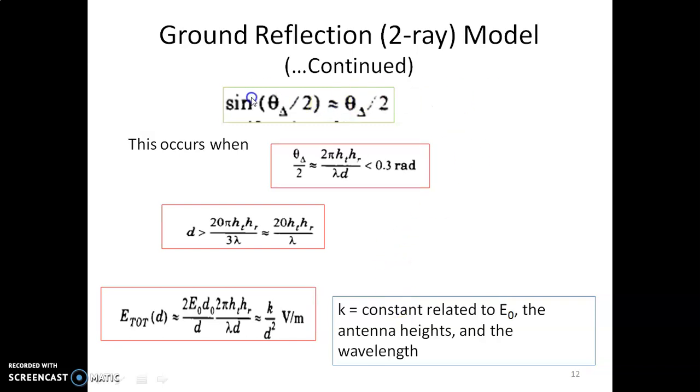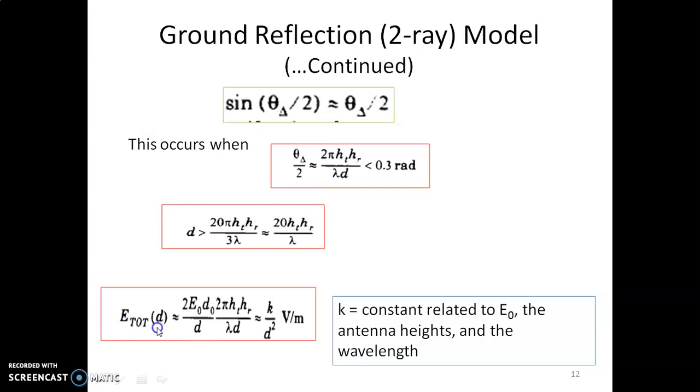In here, sin of theta delta by 2 is approximately equal to theta delta by 2. This approximation can be done when theta delta by 2, equal to 2 pi ht hr by lambda d, is less than 0.3 radian and d is greater than 20 pi ht hr by 3 lambda, that is approximately equal to 20 ht hr by lambda.